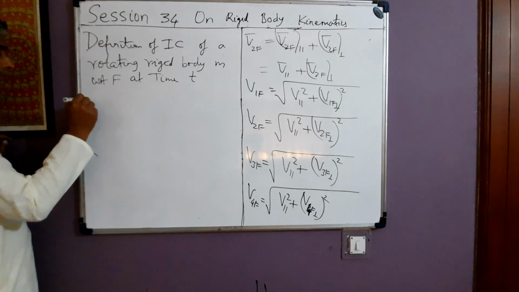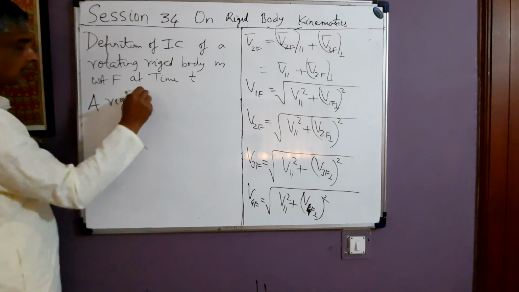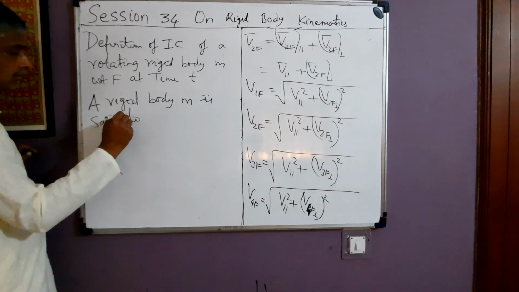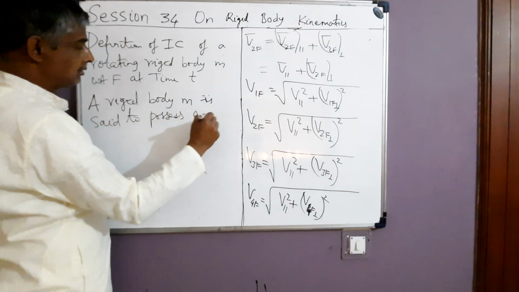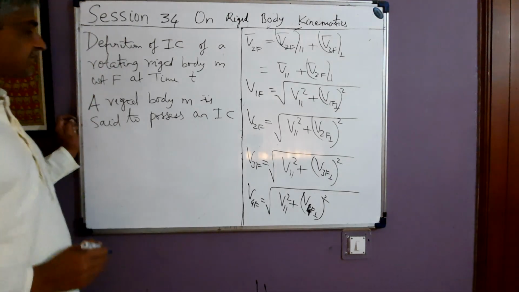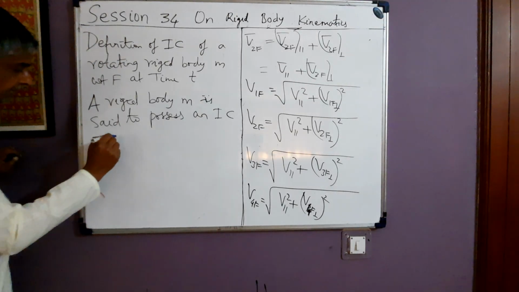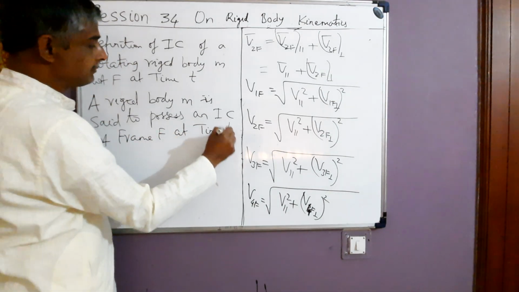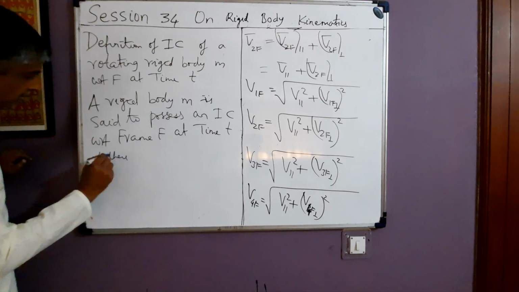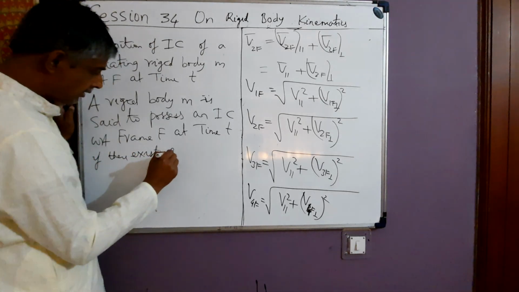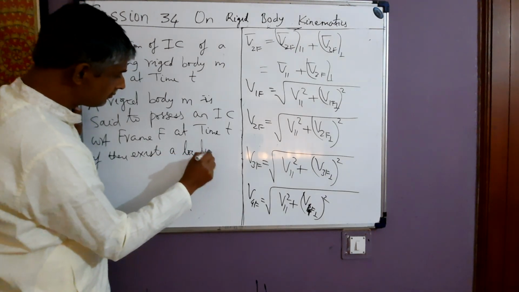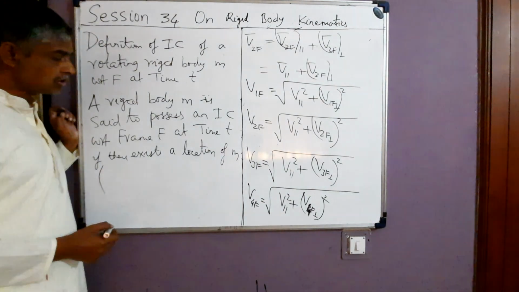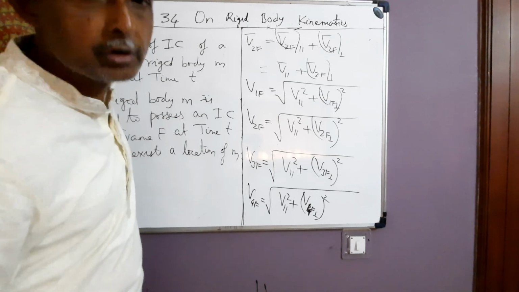Definition is this: a rigid body M is said to possess an IC with respect to frame F at time t if there exists a location of M. When we say location of M, meaning real or imaginary location of M, that is, this location is either a real material point of M or its imaginary location.